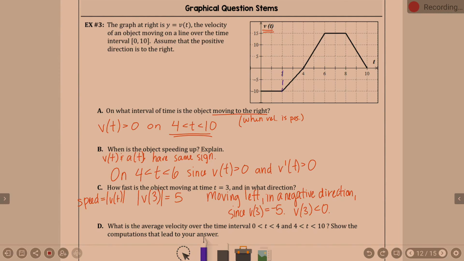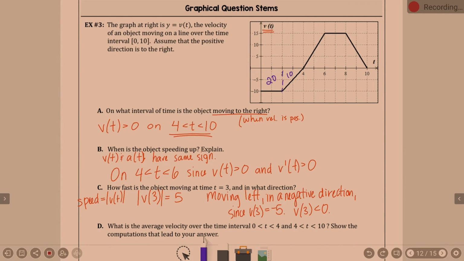What's my base? 2. What's my height? 10. 1/2 times 2 times 10 is going to be 10, because it's half of 20. You can think negative, since it is under there. What about this square? 2 times 10. That's 20.